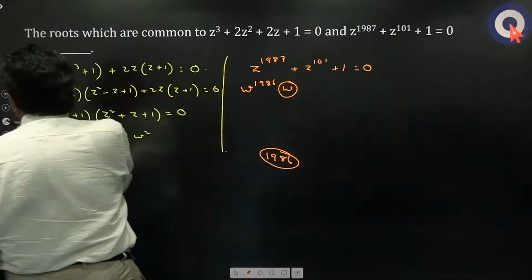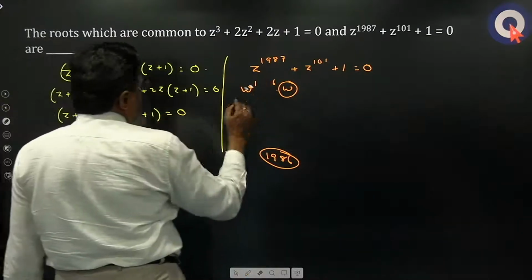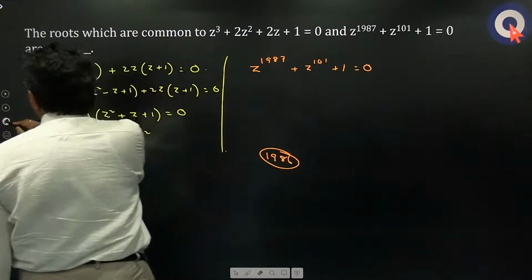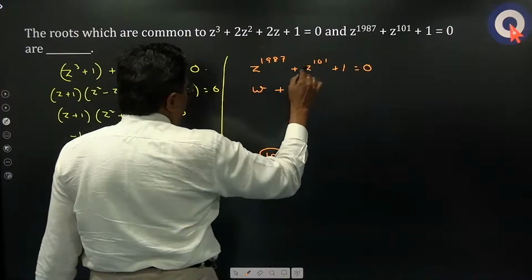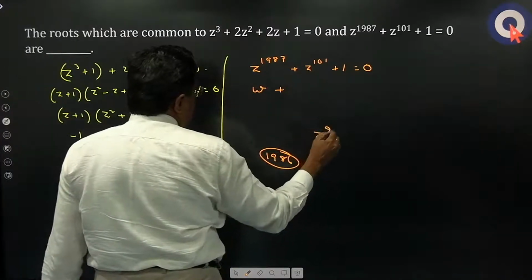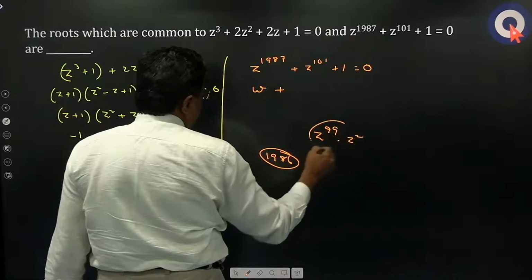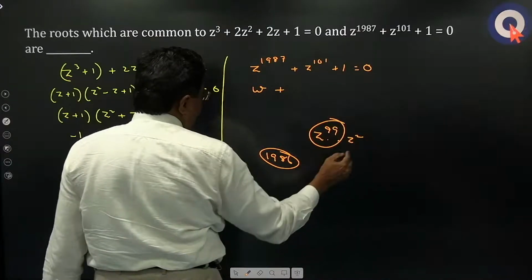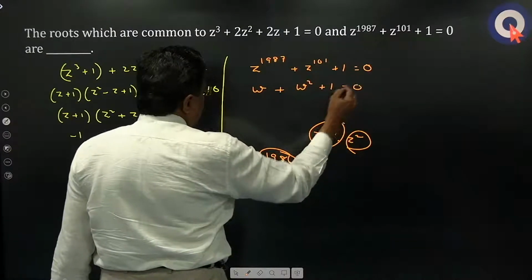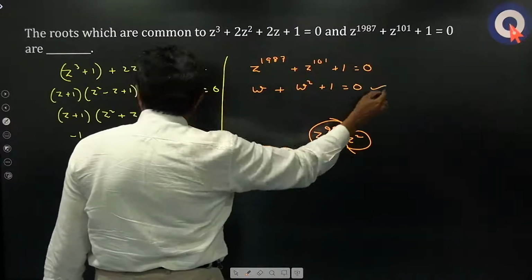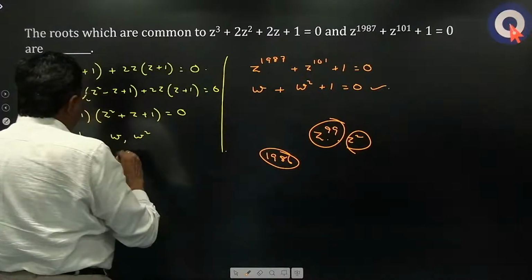I need not show this, so we can directly write omega here. Now here z power 99 into z square, this becomes omega power 99, which is 1, and omega square will be there. So omega square plus 1, you see this becomes 0. So that means omega is a root.